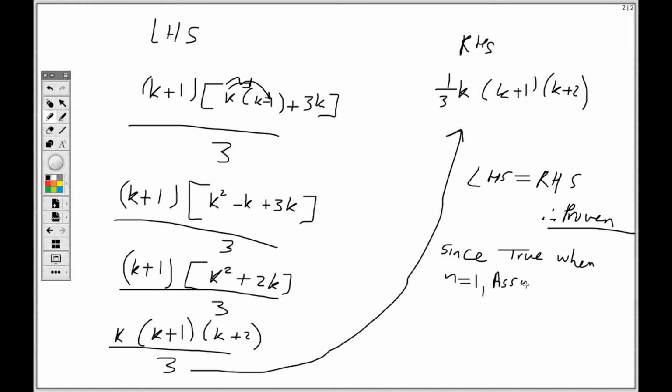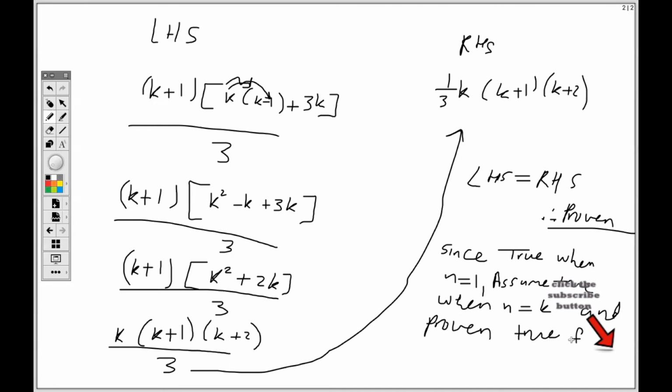So this was an assumption that it's already true for n equals k. So from this information, I am able to determine if it is true for the next term when it is k plus 1, which I have proven, so I can say it is true for n equals k plus 1.